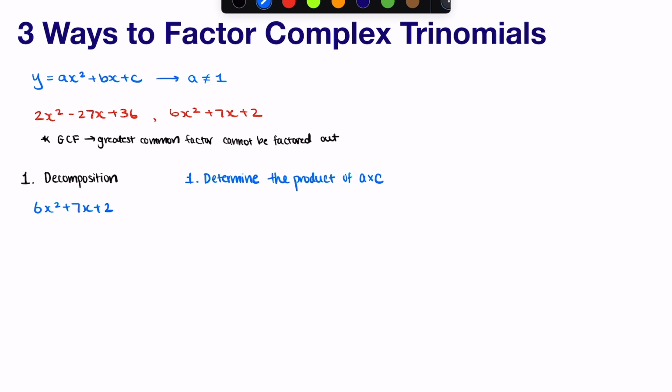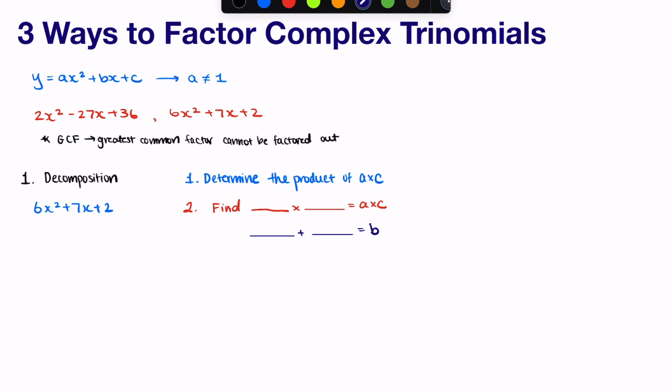The second thing we want to do is find two numbers that multiply to A times C, and the same two numbers also have to add up to the B value.